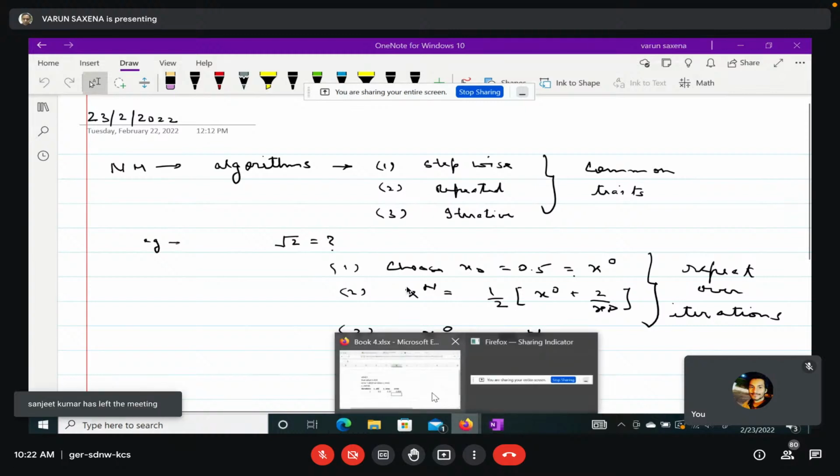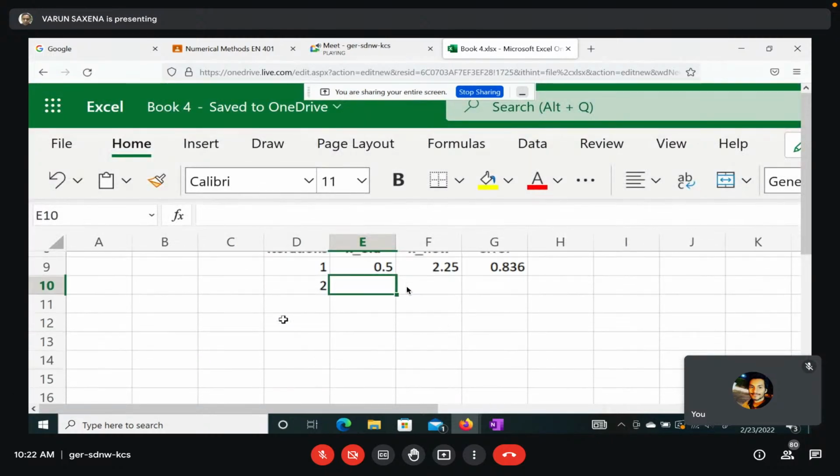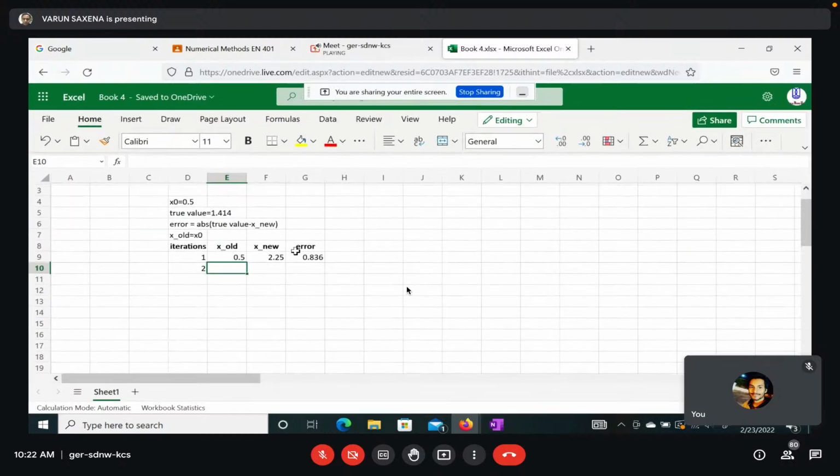So in the second iteration, this place x old will take the value x new. So I just put F9 here.